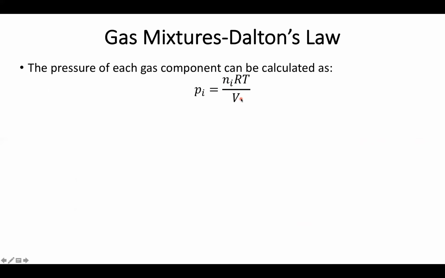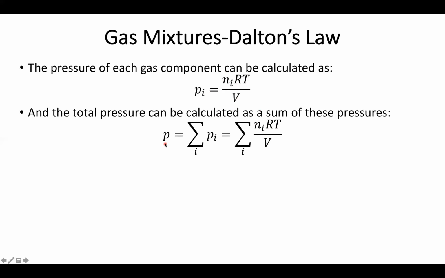And this actually becomes rather nice because since I know that moles are going to be an additive quantity and temperature and volume don't change, it turns out that the pressure can also be related as a sum of the pressures, which then, putting in each of the individual ideal gas laws, can also be expressed as a sum of the number of moles times the total RT over V.